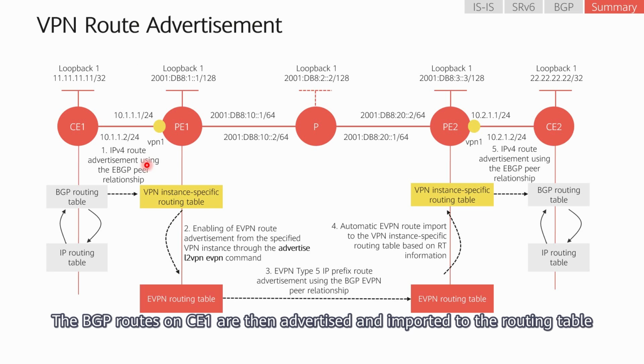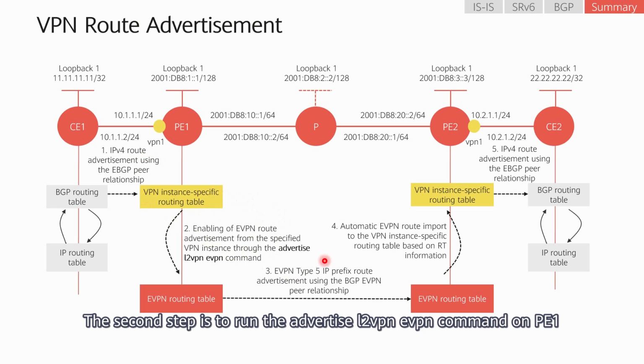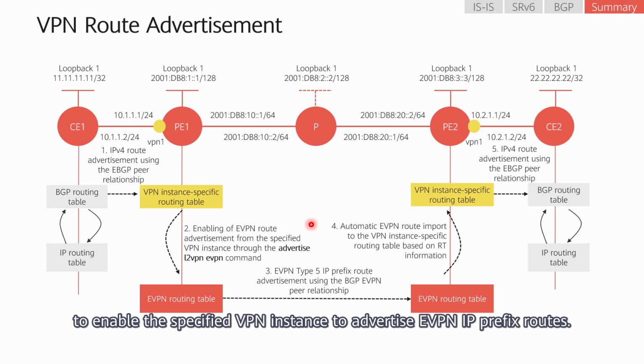The BGP routes on CE1 are then advertised and imported to the routing table of the specified VPN instance on P1. The second step is to run the advertise l3vpn evpn command on P1 to enable the specified VPN instance to advertise EVPN IP prefix routes.